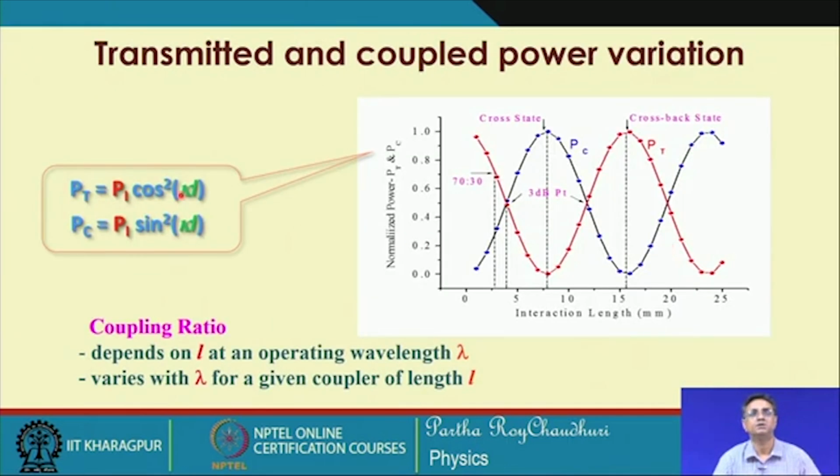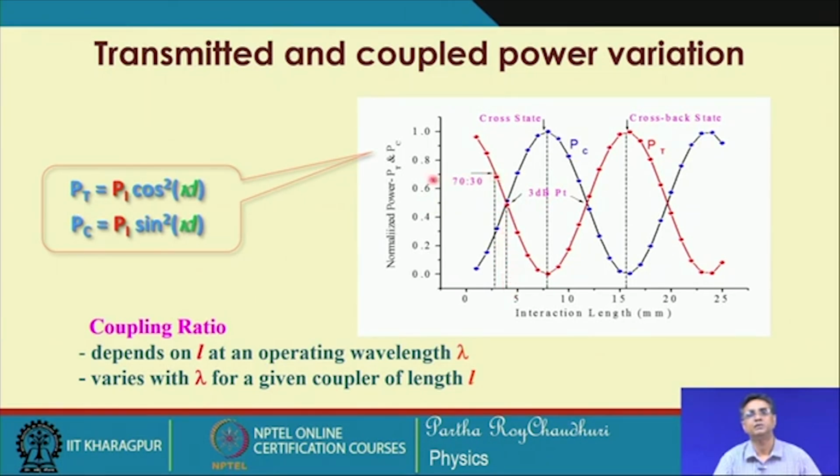This power transfer, as we have seen, can be represented by sine square and cosine square functions. The input power is maximum at z equal to 0, when the length of interaction is 0. Then there is a periodic exchange of power between the two waveguides. This is the cross state, this is the cross back state, and it gives rise to a 3 dB power, that is 50% power splitting, at this length of interaction.